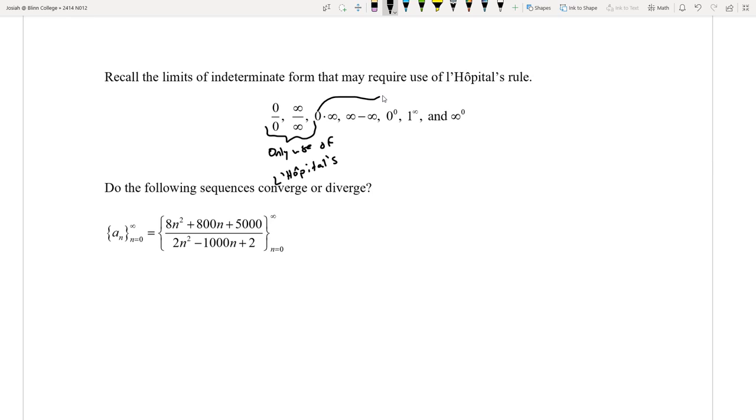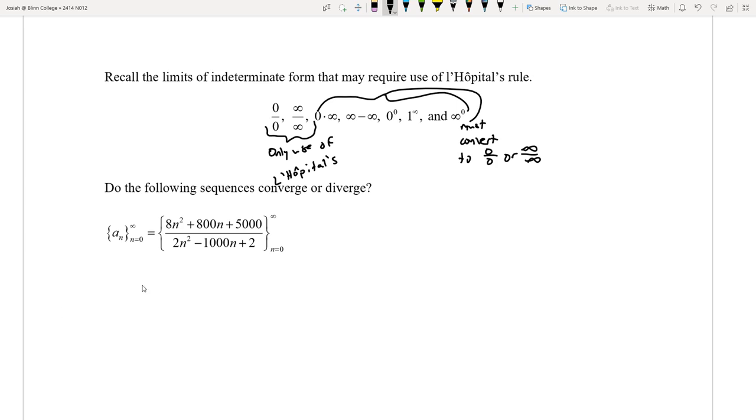For all of these other ones, we must convert to one of those other forms. That should be 0 over 0 or infinity over infinity. And then use L'Hopital's.